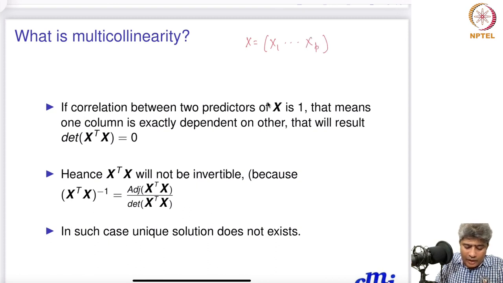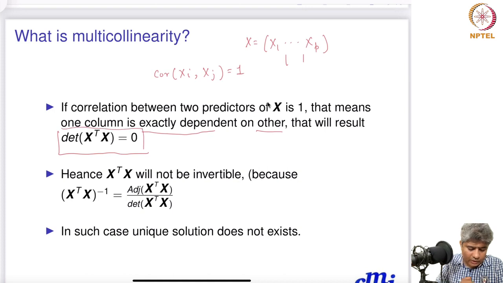If any two of the predictors have correlation exactly 1, say the correlation between the ith predictor and the jth predictor is exactly 1, that means one column is exactly dependent on the other, and that will result in the determinant of XᵀX being 0.